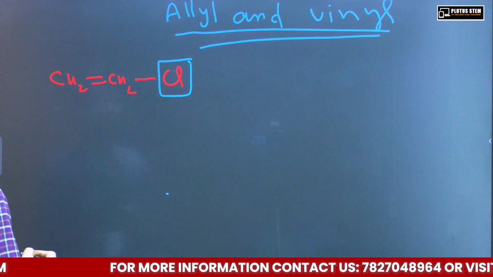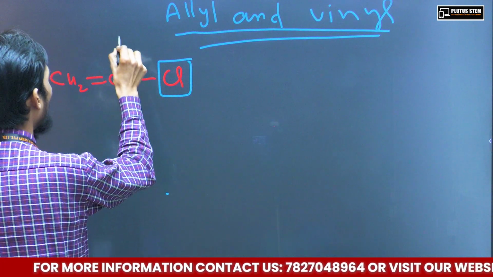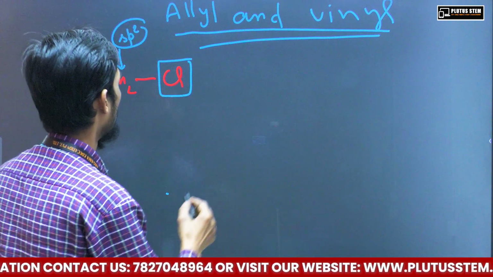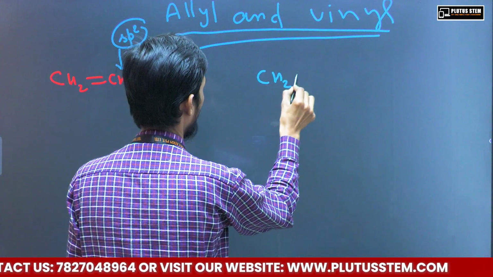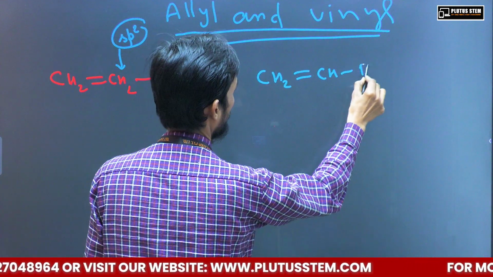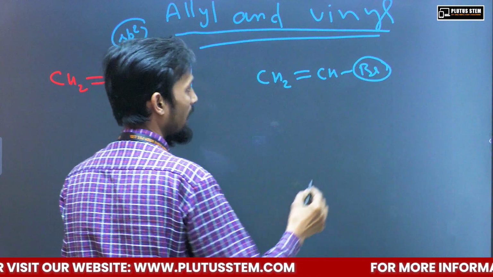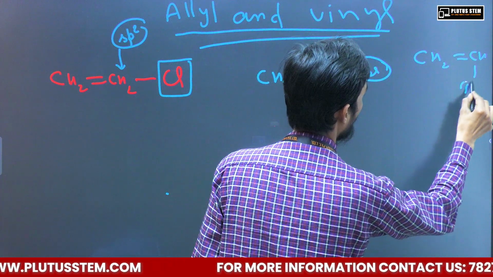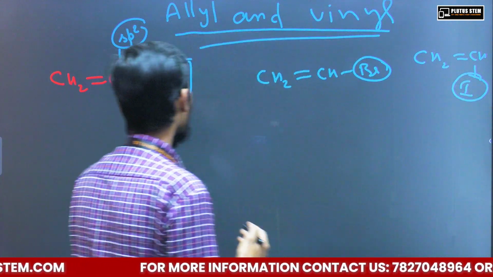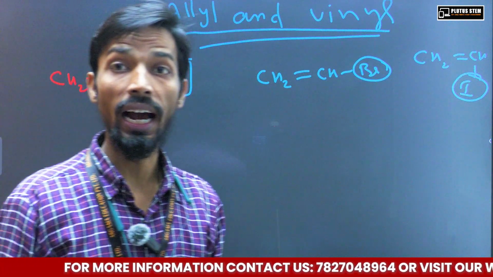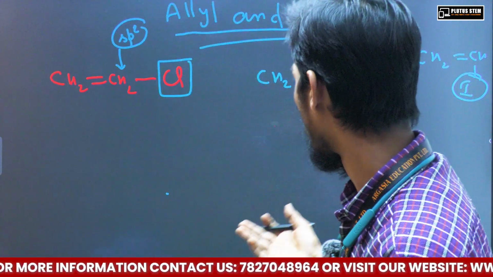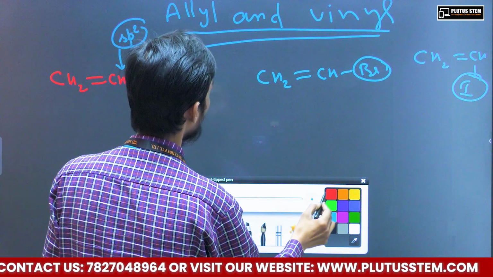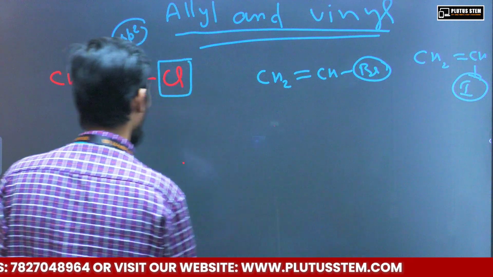When the halogen is attached to an sp2 hybridized carbon over here, like this, like this, these are termed as vinyl halide. All these are termed as vinyl halide: vinyl iodide, vinyl bromide, vinyl chloride.